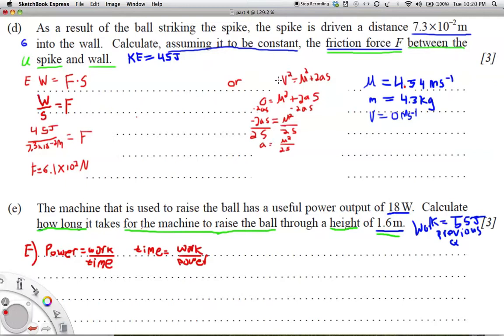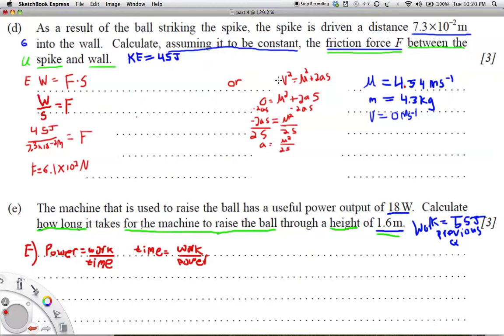All right. So first of all, I need to get a on one side by itself. v squared is equal to 0 because the final velocity is 0. The initial velocity, though, I have that. So 0 equals u squared plus 2as. I'm going to subtract 2as from both sides. Negative 2as equals u squared, divided by 2s.